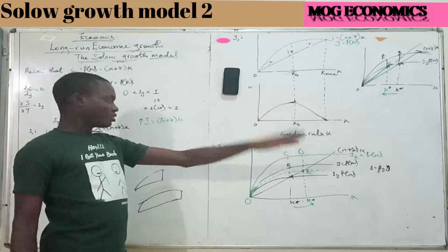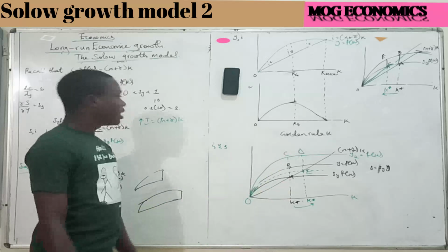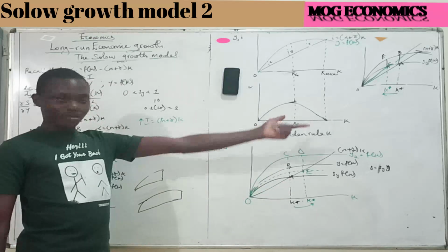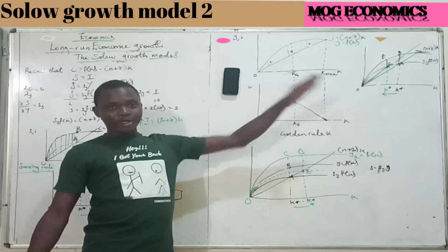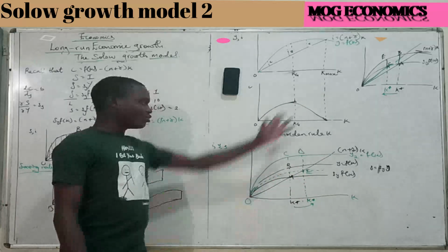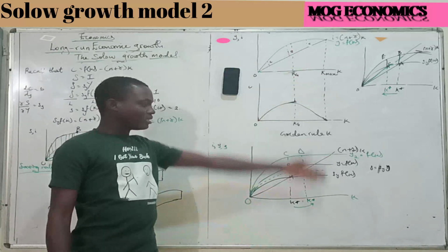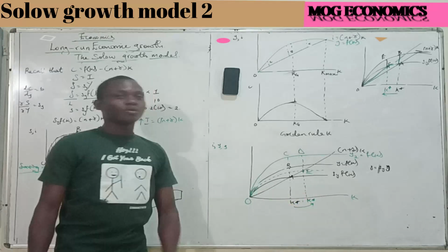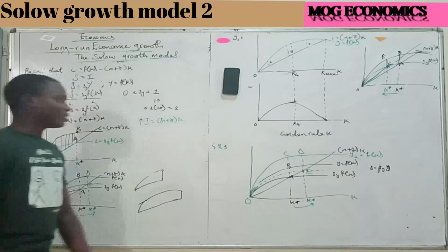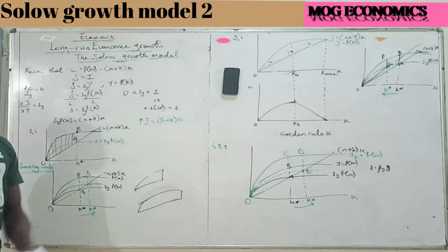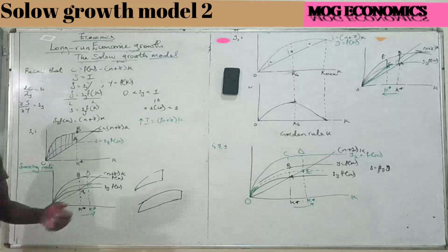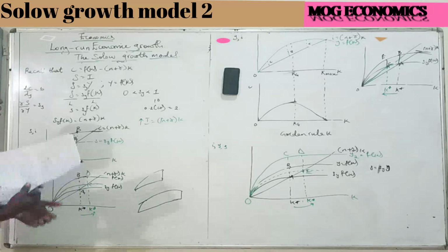Look at a jump in productivity leading to an increment in standard of living, and if there is another increase in productivity, of course, it keeps taking it higher and higher. Output continues to go higher. The steady state capital per labor begins to go higher too. Standard of living, which is measured by the consumption per worker, also begins to go higher.